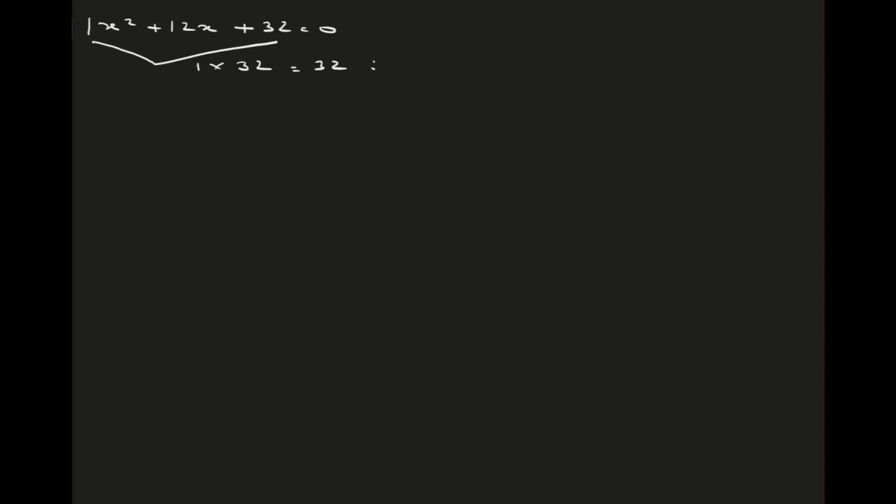What factors can we get here? We get 1 times 32. Which other one can we get? 2 times 16. Which other one? We can get 4 times 8. And already we can see that this is our point here, because we can add these two to get 12.